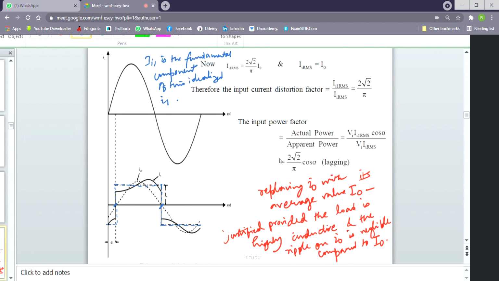I1 RMS we know is 2 root 2 by pi into I0. If we take I1 RMS to be equal to the average current, then the input current distortion factor is 2 root 2 by pi.